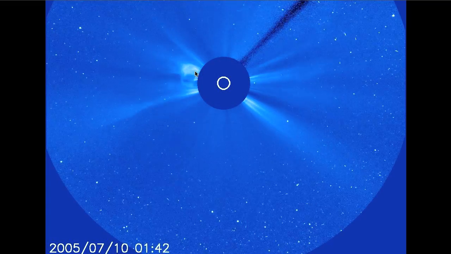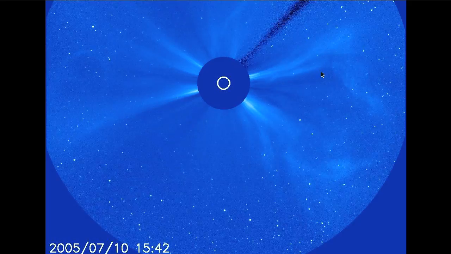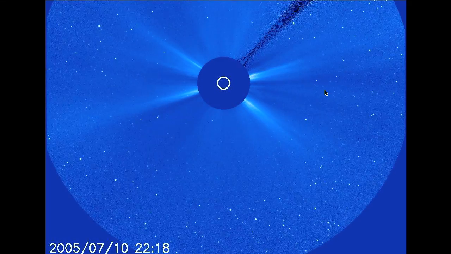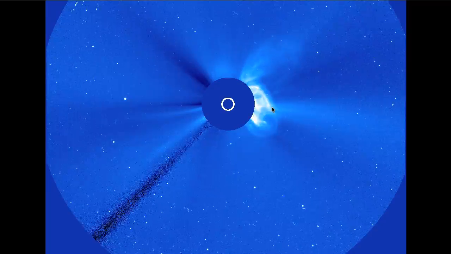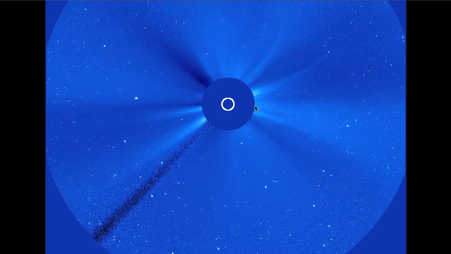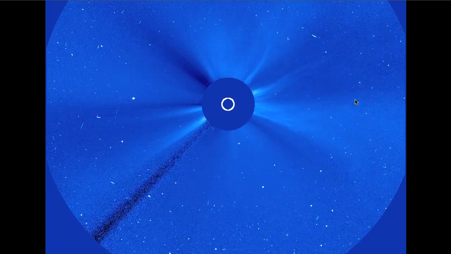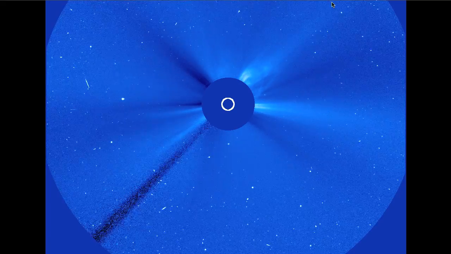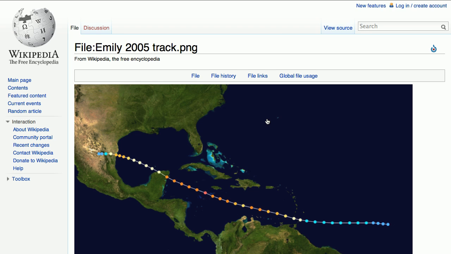There was one over here, more of a cyclonic shape, and then another one over here, immediately following. And if you could imagine this turned, the sun in a different position, these might indicate where these storms are going to form.